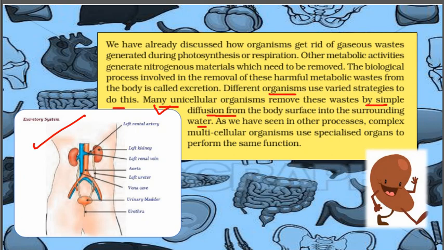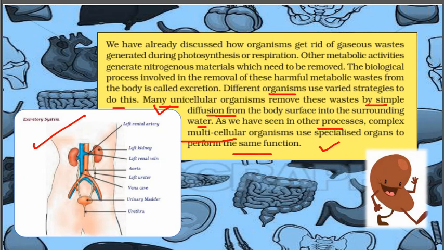And as we have seen in other processes, complex multicellular organisms like us human beings, or any other animal, use a specialized organ to perform the same excretion process. Clear? So let's start with excretion in the human being.